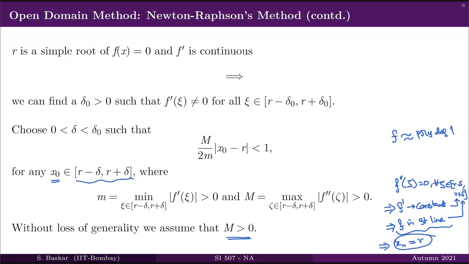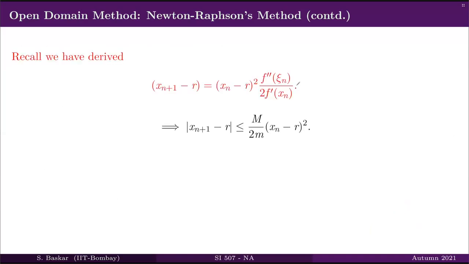So we have nothing to prove because at the first iteration itself, we obtained the exact root, right? Therefore, there is nothing to prove in this case, and that is why we assume M strictly greater than 0, in which case it becomes non-trivial and we need to prove something. Hence, without loss of generality, we are assuming capital M to be positive.